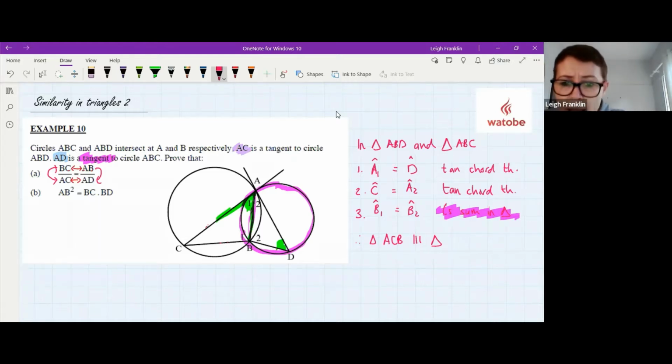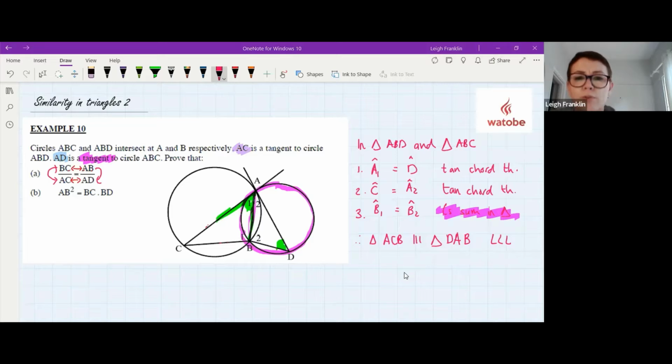So if I go A, C, B in the one triangle, in the other triangle, angle A1 matched up with angle D. Angle C in triangle ABC matched up with angle A in triangle ABD. And then angle B1 matches up with angle B2. So the order is 100% critical. We mustn't forget to say angle, angle, angle.